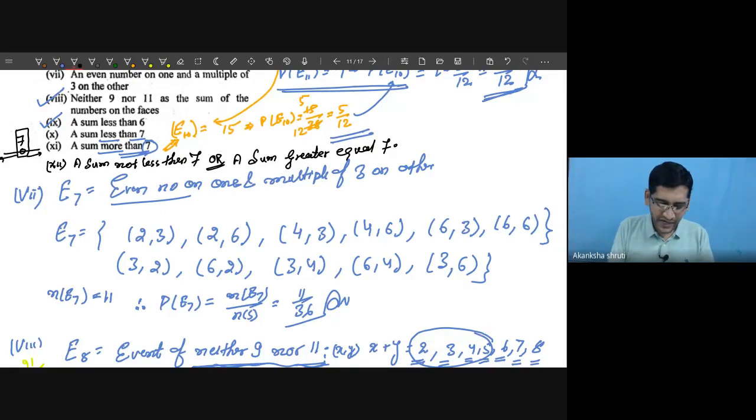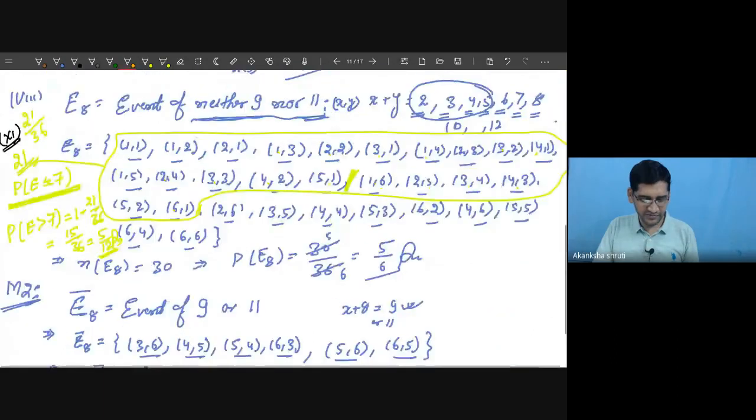So that's why these two cannot be complementary, means 10th and 11th cannot be complementary. Here this 10th and 12th are complementary, so this we can apply. So 12th is solved here. The 11th is solved here.